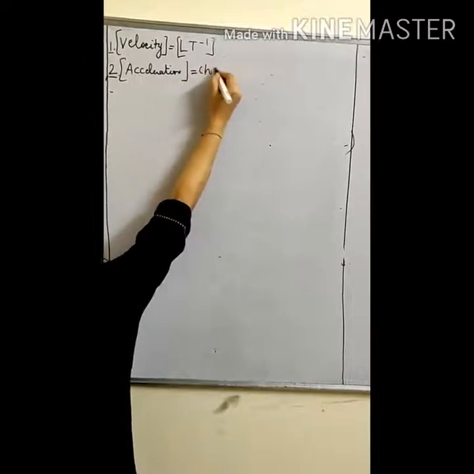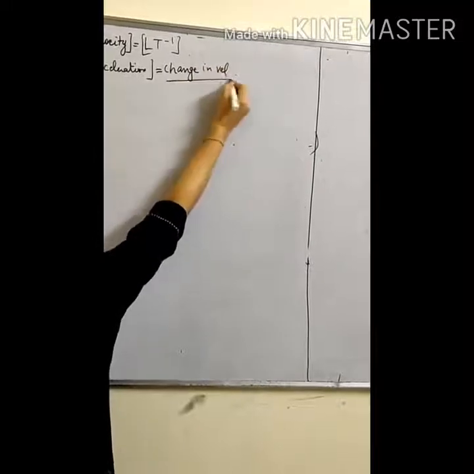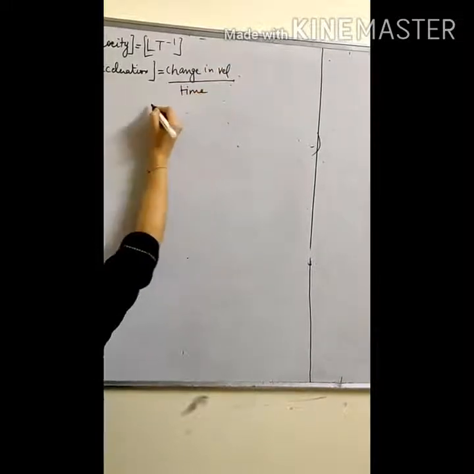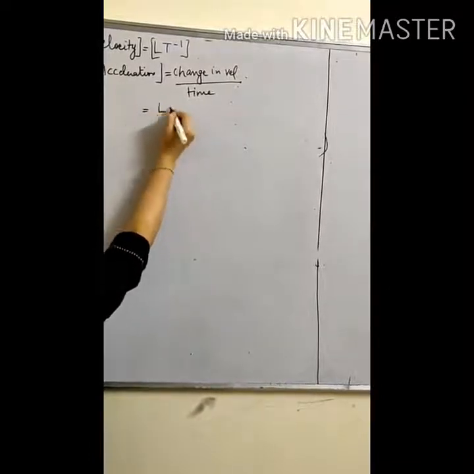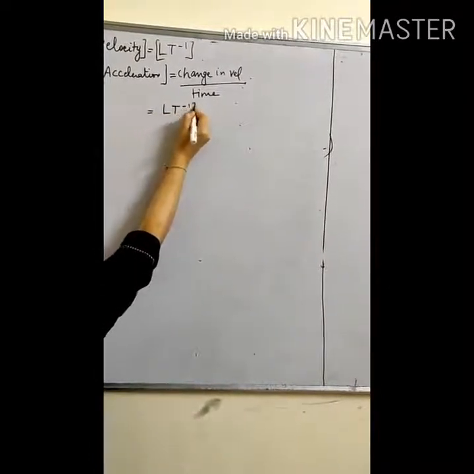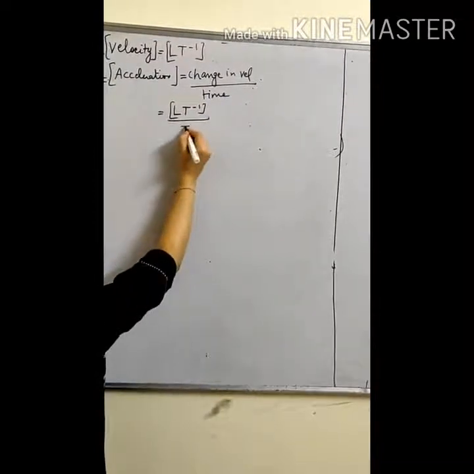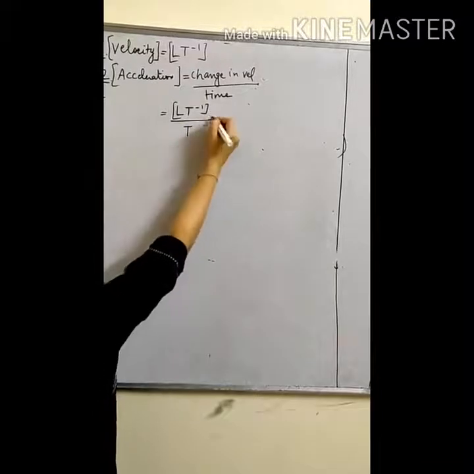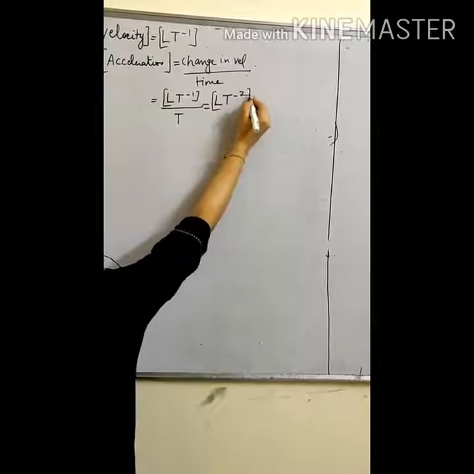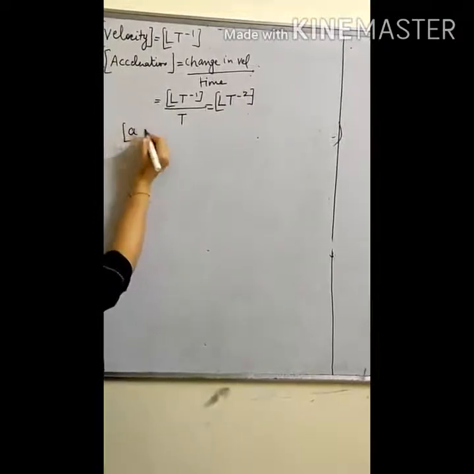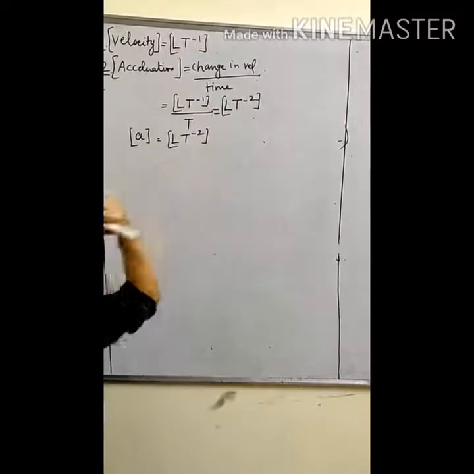It is equal to change in velocity over time. A change in velocity is also velocity. Then we have the dimensions of velocity here, LT^-1, as we have discussed, divided by time. If you collect this formula, it will be LT^-2. Hence the dimensional formula for acceleration is LT^-2.